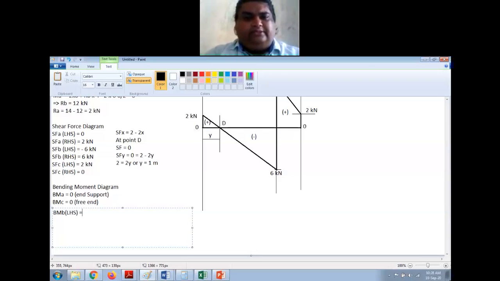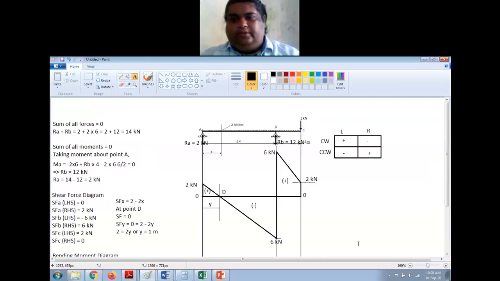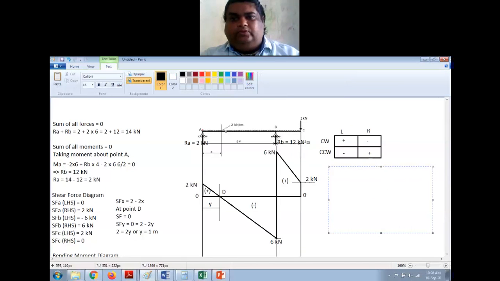Now from left hand side, I'll write it here because I need this diagram. BMD, BM at B, considering the left hand side. So let us start with this force.